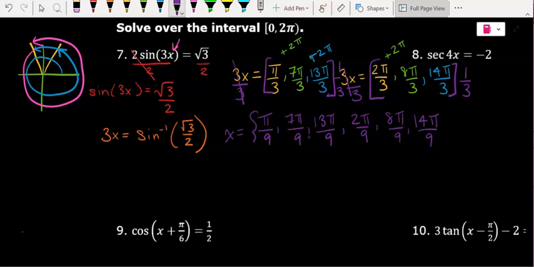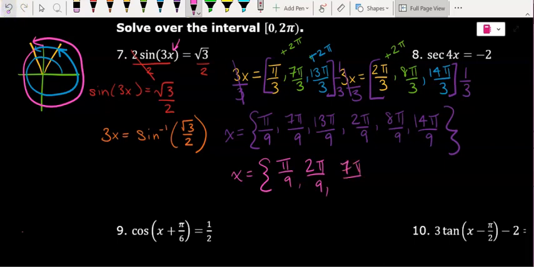Now, if I look through it, these are not ordered least to greatest, so I can rearrange them. If I do that, I'm going to have pi over 9, 2 pi over 9, oh, missed one, 7 pi over 9, 8 pi over 9, 13 pi over 9, and then 14 pi over 9.